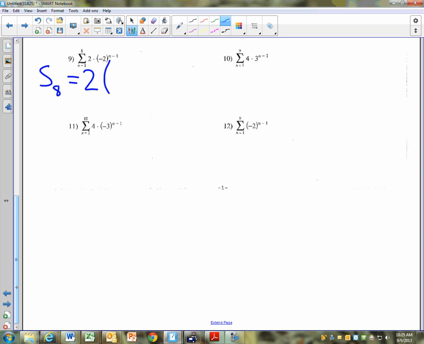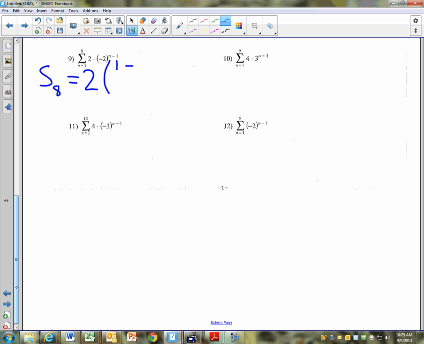Do I need to know the second term? No. I simply go 1 minus, this is where you got to be careful. What is my ratio? How do you know it's negative 2, Emma? Yeah, if you look, a times r to the n minus 1. See it? r is what's being taken to the power.